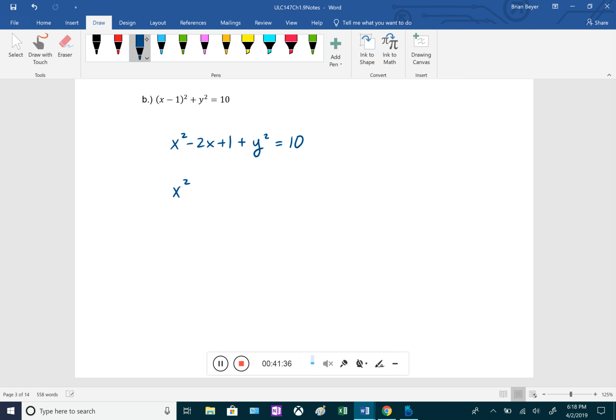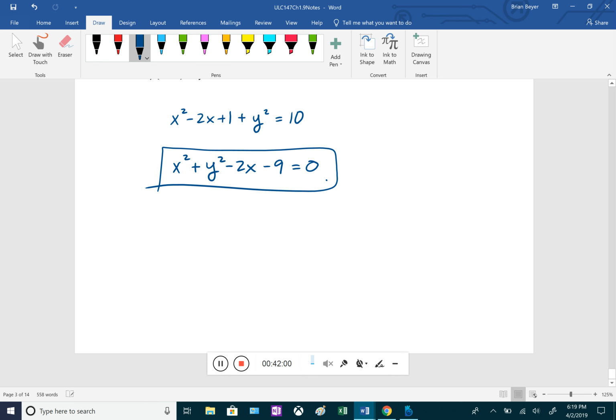We have x squared plus y squared minus 2x. There's no y term here, so we have to subtract 10 on both sides and get 1 minus 10. So minus 9 equals 0. So that is our correct general form for that equation of the circle. Okay, so that is it for this section.